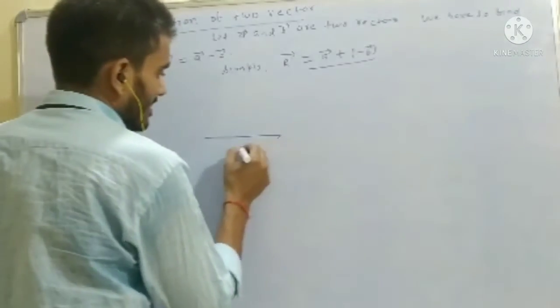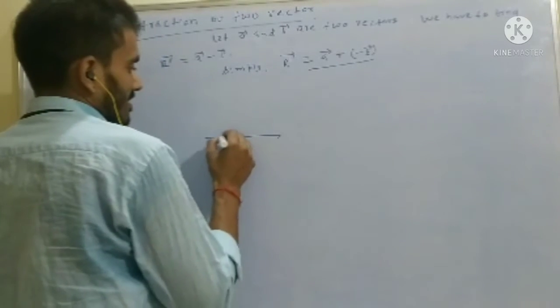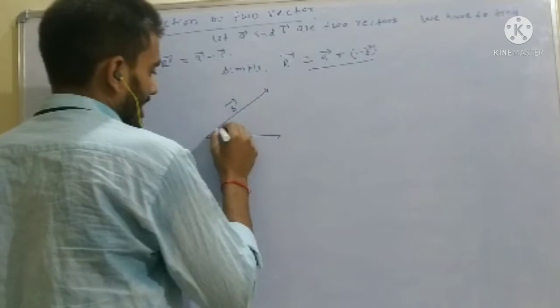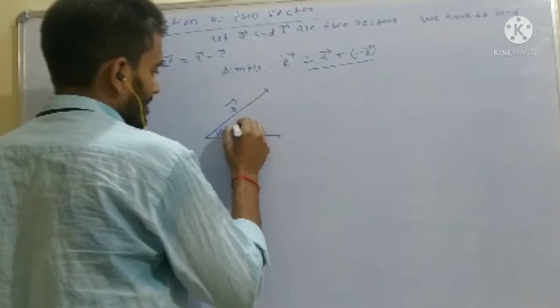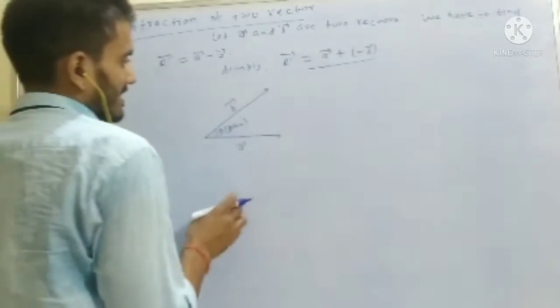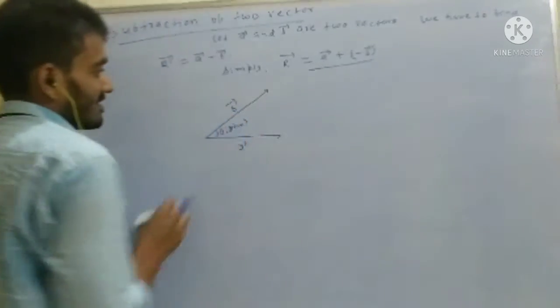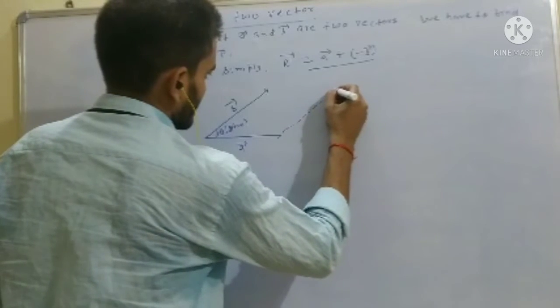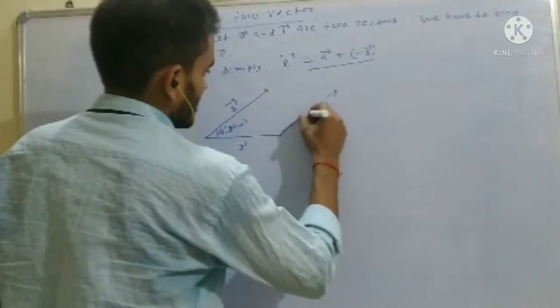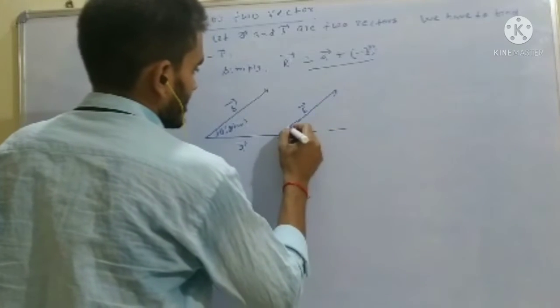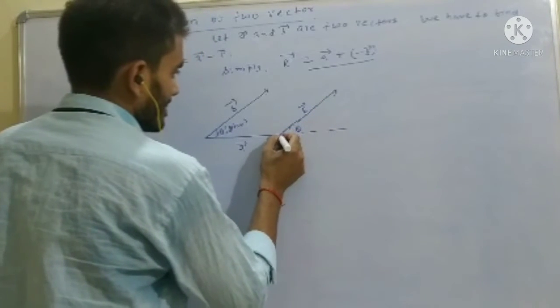Vector A, vector B, and angle theta is given. Then we have to find vector A minus vector B. This is vector B. Angle is theta.